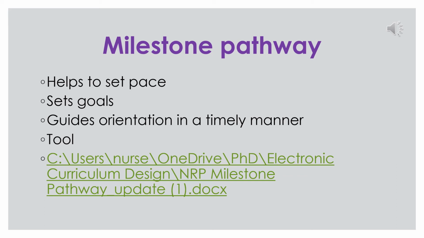Now, it's mapped out by weeks, but your particular nurse resident may move faster or slower than what's indicated on the page. What it does is give you goals each week that your resident will try to attain. So rather than having to make up goals for the next week on those weekly forms, they're already provided for you.